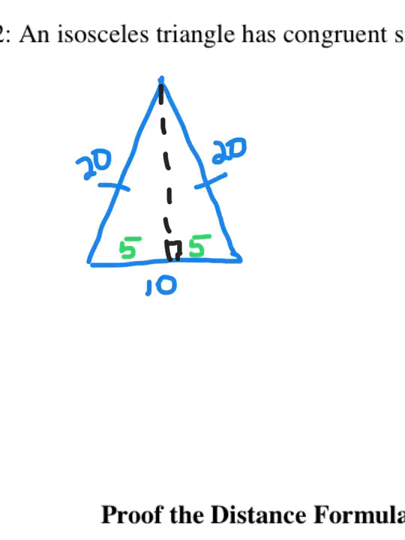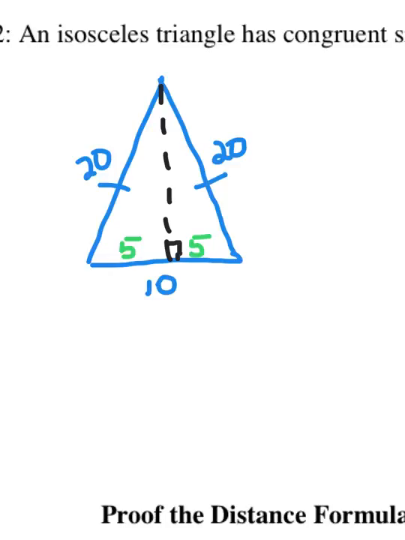Now, we have to remember that this side right here would be like side B. If we're going to use this triangle, then this is going to be side A, this is going to be side B, and this diagonal part is our hypotenuse. So you have to keep that in mind when you're doing the Pythagorean theorem. You need to always know, where is my hypotenuse?